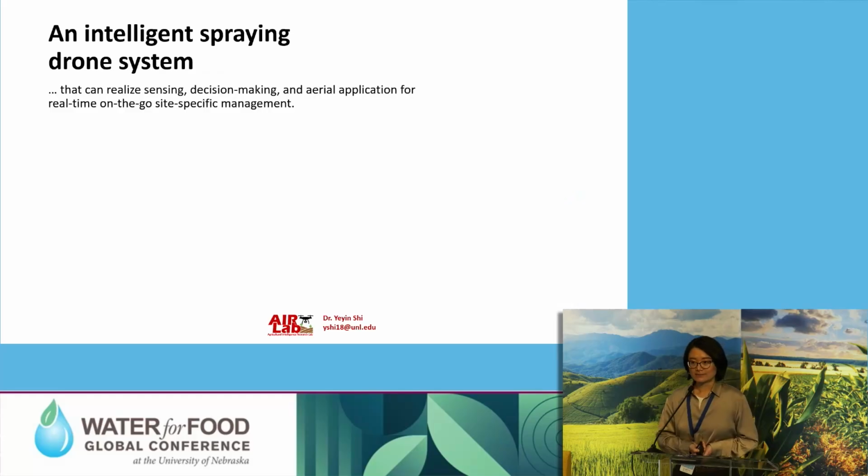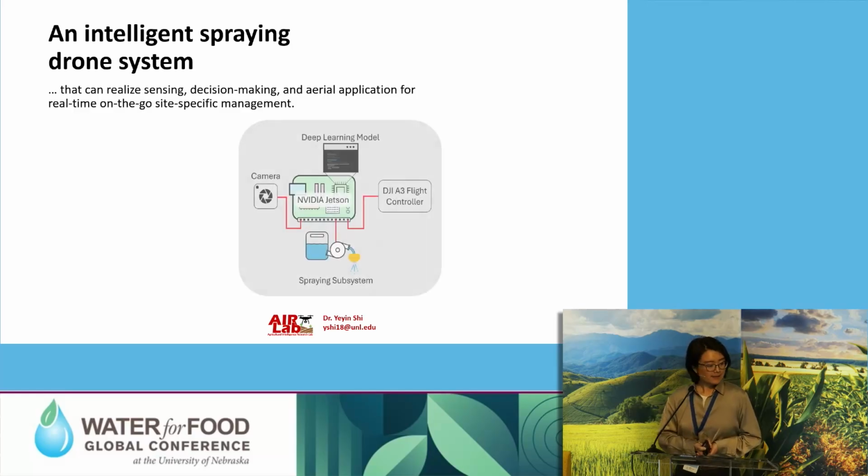So my group's goal is to develop an intelligent spraying drone system that can sense and spray in real time, on the go, for site-specific management, whether it is for nutrients, pesticides, or other purposes.